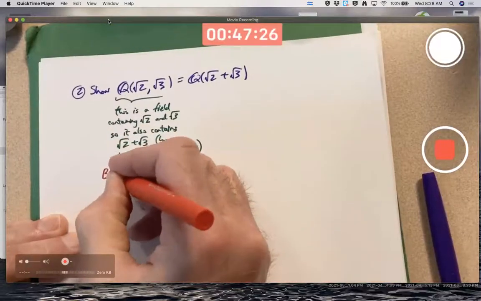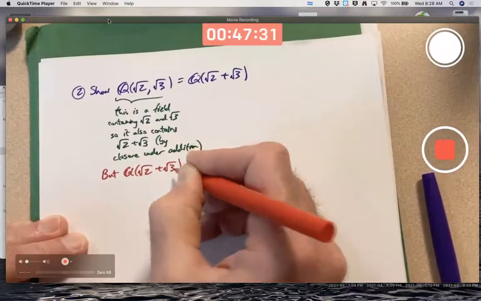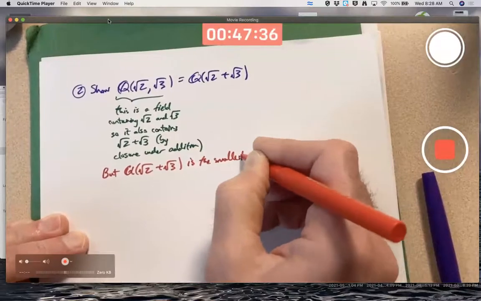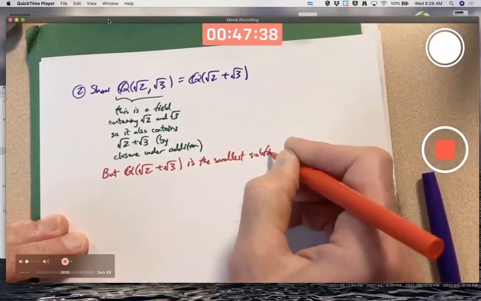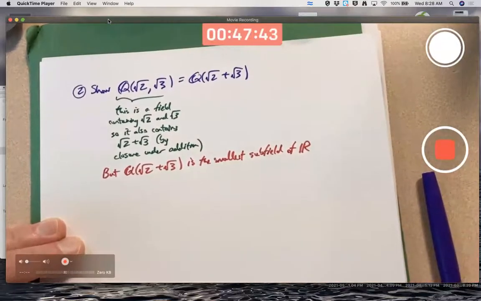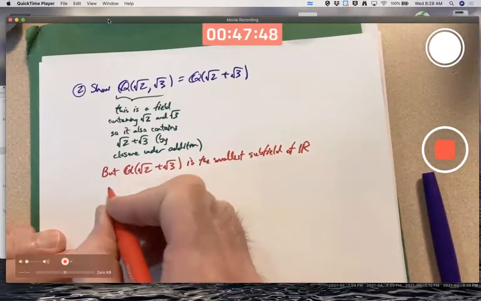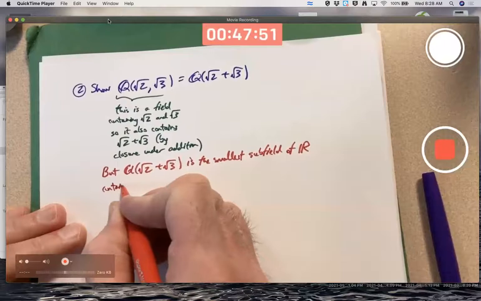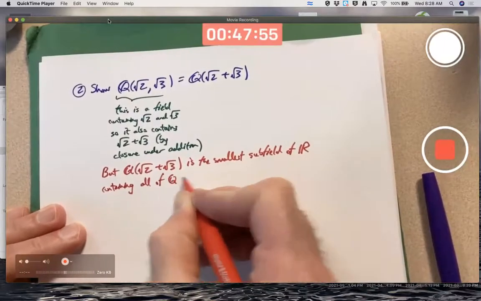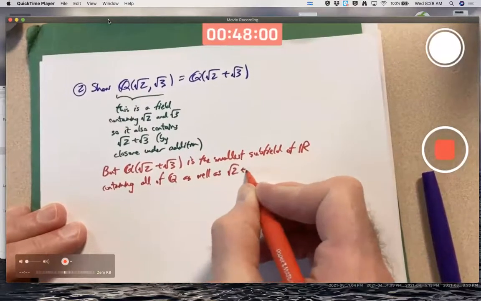Let's write that out. But this thing is the smallest subfield of, for example, the real numbers, but I could pick the complex numbers, containing all of Q as well as square root of 2 plus square root of 3.